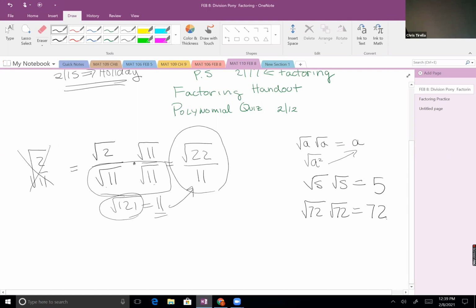When I multiply a radical by itself, because I end up taking the square root of that quantity squared, they kind of undo each other. And so it just gives me the radicand. Only with the square root. Other roots, you'd have to do more. Any better? Yeah. Okay. Any other questions?